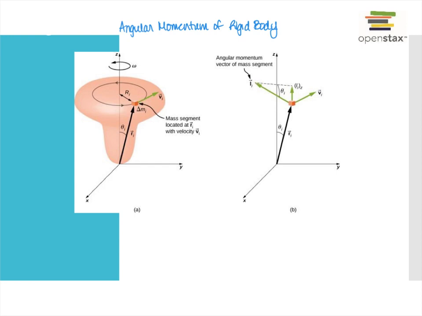And what we're going to do is we're going to find its total angular momentum by finding the angular momentum of every little piece. So we've taken a little box right here, and it has a delta m, and it's moving at a certain velocity because of its distance away from the axis of rotation, because the whole thing is spinning.